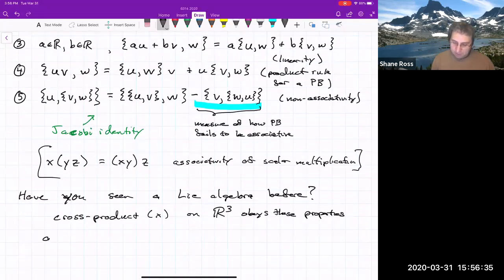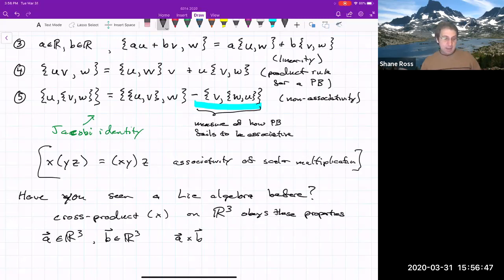So if I have A in R3 and B another vector in R3, I know that I could define a new vector in R3, A cross B, and that's going to be negative B cross A. If I take a cross product of any vector with itself, I get a 0. And I guess the surprising thing might be the Jacobi identity.